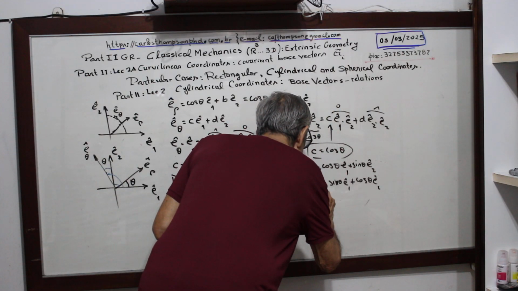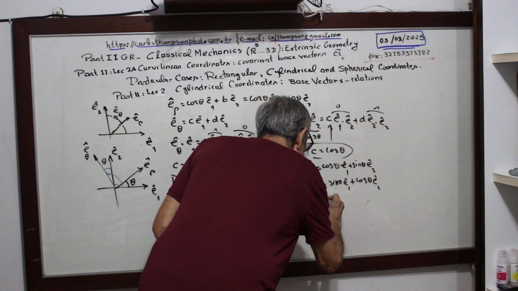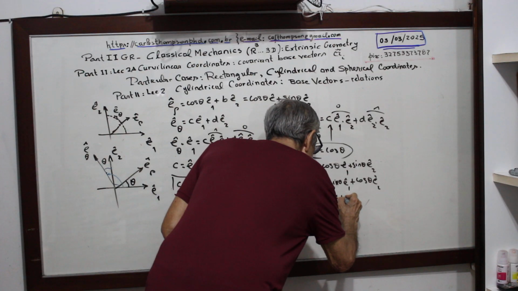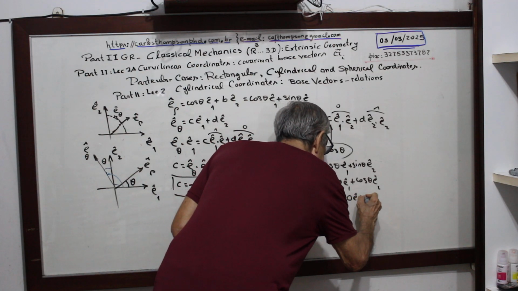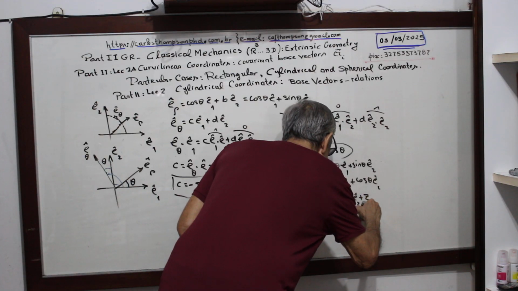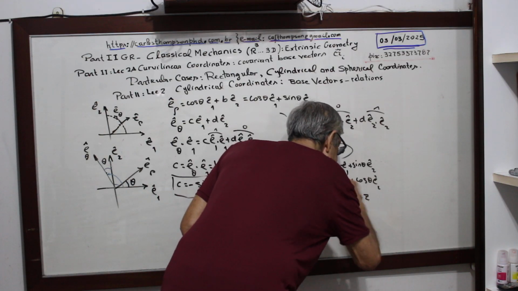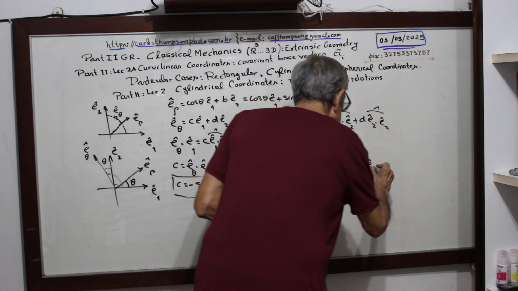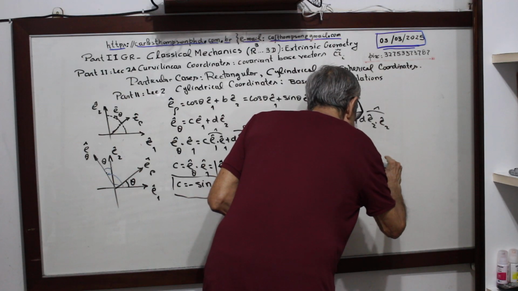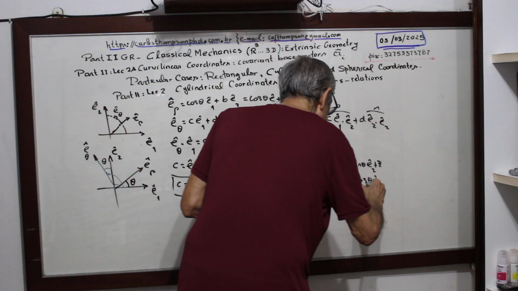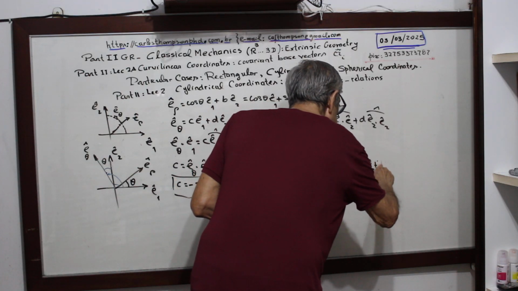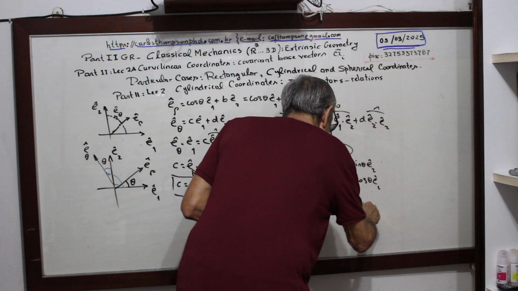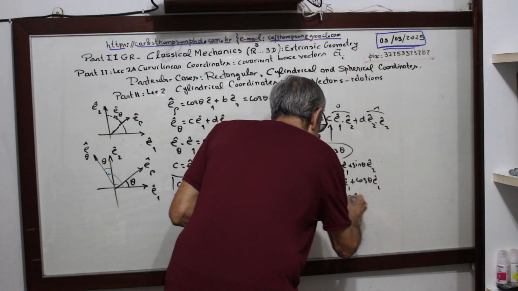And also I can write EZ is equal 0 E1 plus 0 E2 plus Z E3. Let's work on the plane.